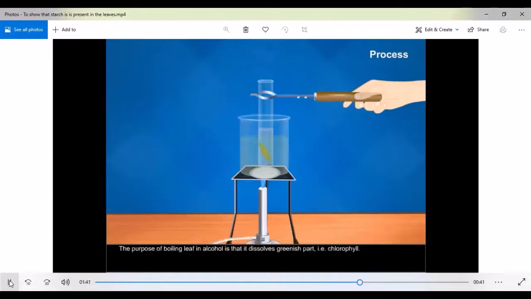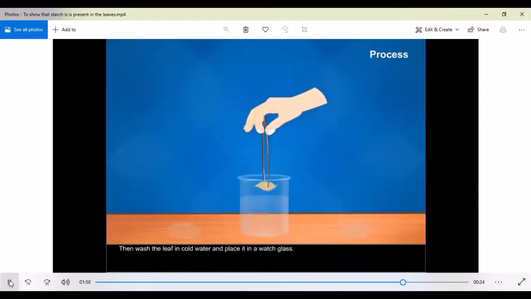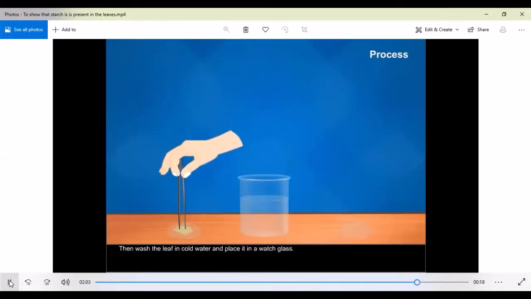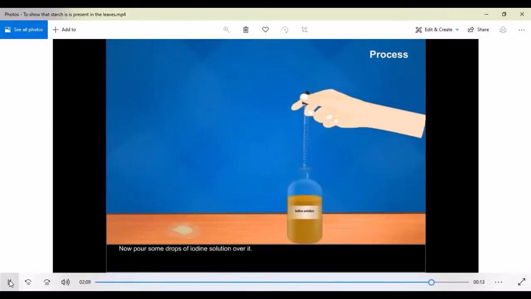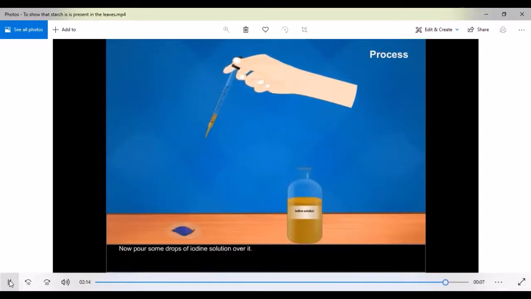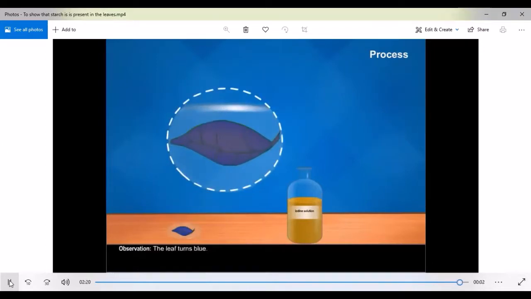The purpose of boiling leaf in alcohol is that it dissolves greenish part, that is, chlorophyll. Then wash the leaf in cold water and place it in a watch glass. Now pour some drops of iodine solution over it. Observation. The leaf turns blue.